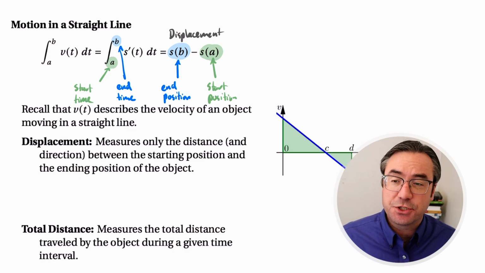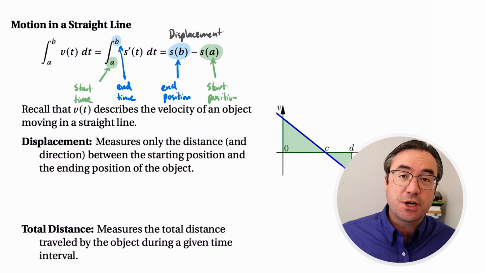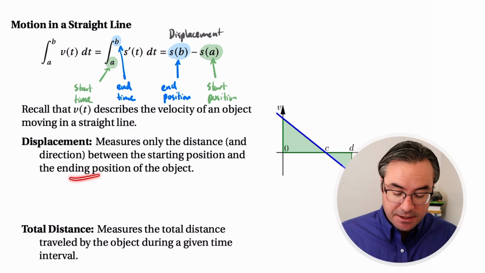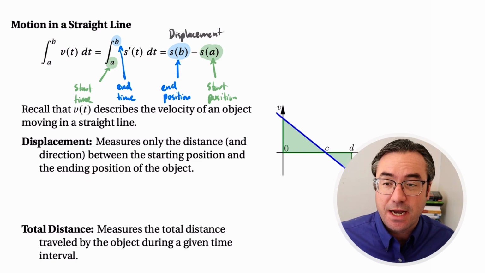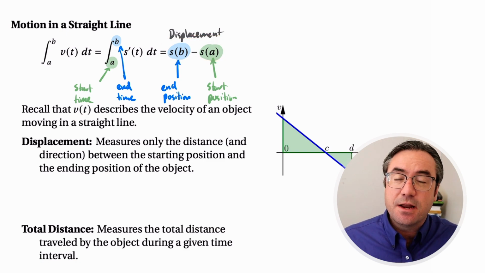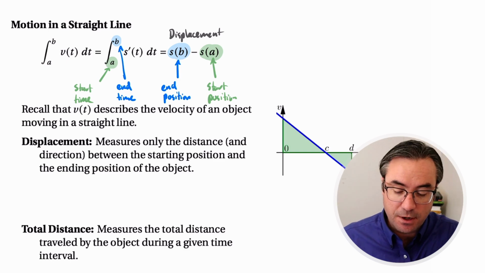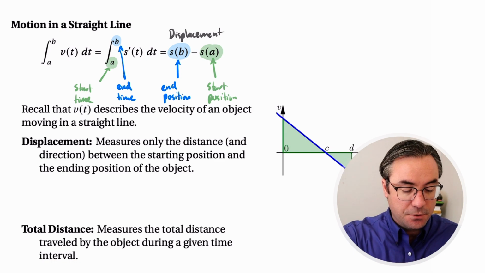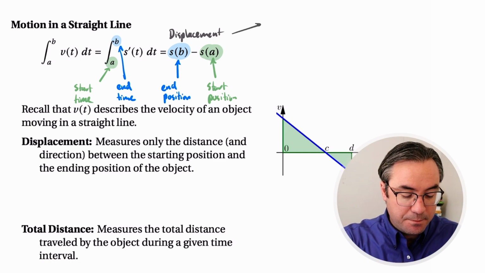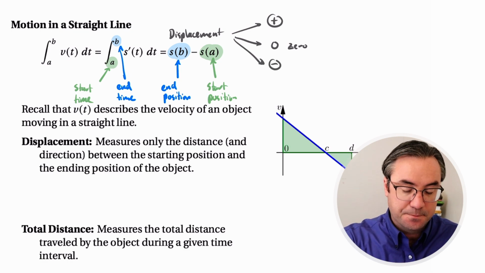Displacement measures the distance and direction between the starting position of our object and the ending position of our object. So it's possible with displacement that you can end up with positive values, negative values, or zero.